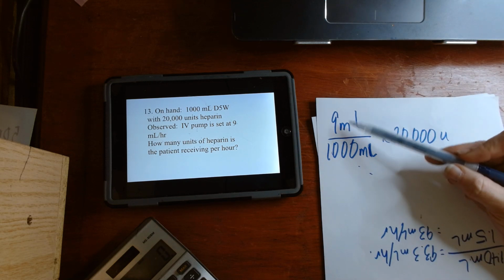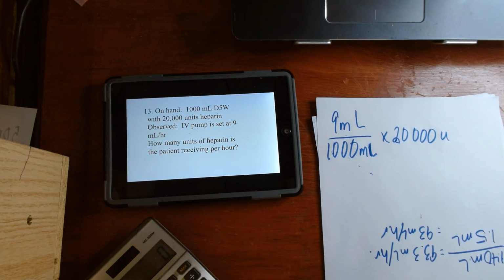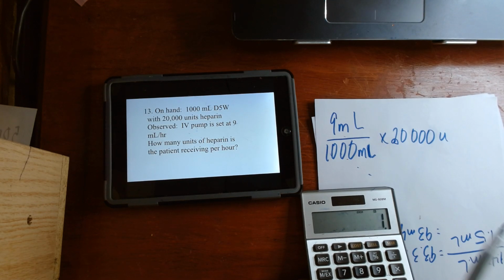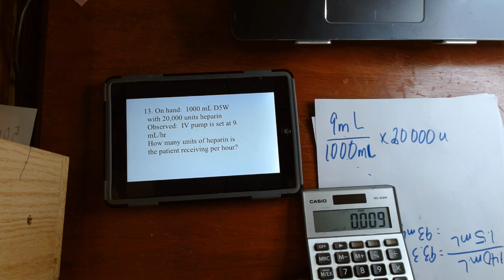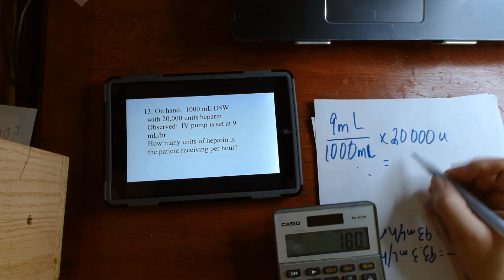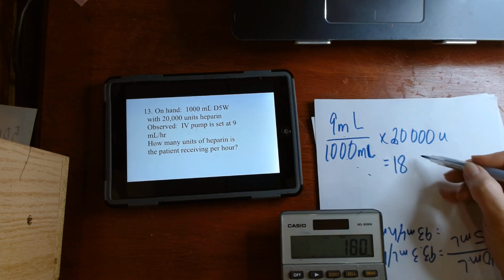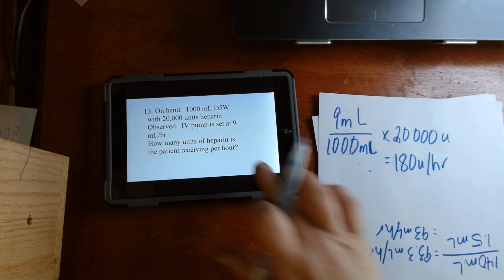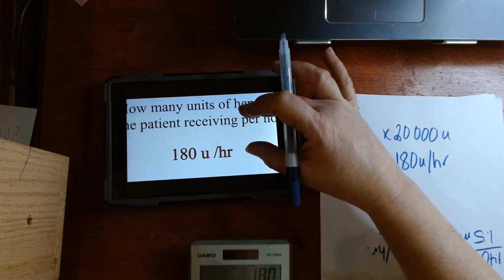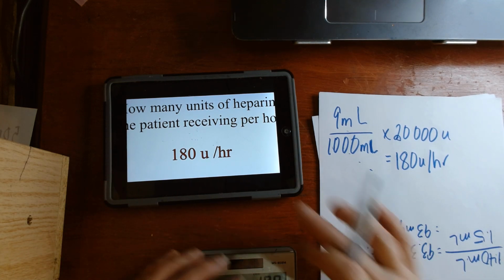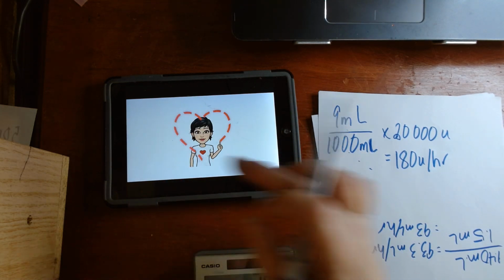So we're going to be this divided by that times this. 9 divided by 1,000 equals times 20. 1, 2, 3 equals. Always count your decimals. 180 units per hour is what they are getting. Sure enough is what they're getting. Look at them. Boom. We saved another one.